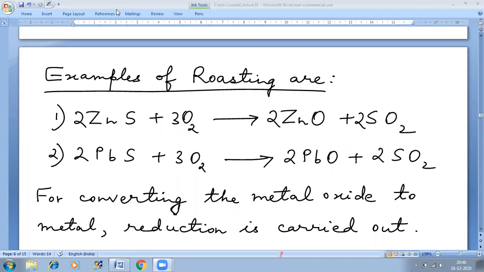If I want to reduce a metal oxide to the metal, I will react that metal oxide with a particular reducing agent. Then I will obtain the metal. So for example, if I want to show the reactions, let's do that.